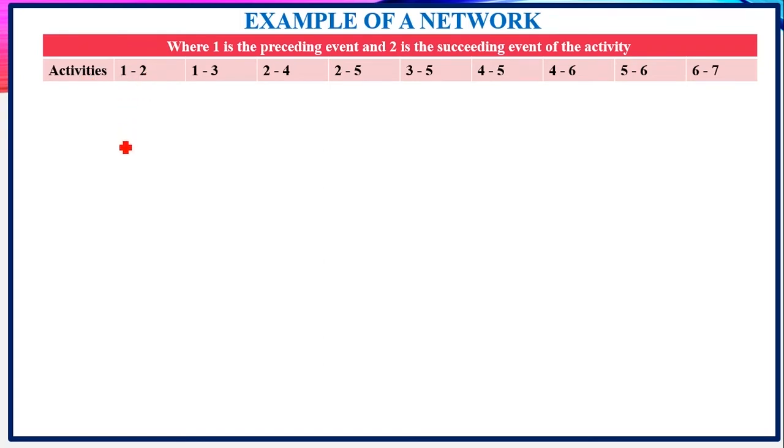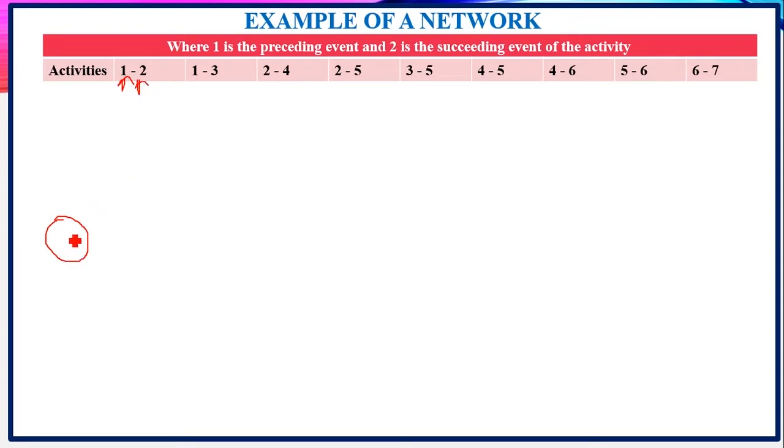So we're going straight to drawing this network. I'll use this space here to draw it. We start with the first activity, activity 1-2, and the first event, event 1. The activity 1-2 is the activity between event 1 and event 2.